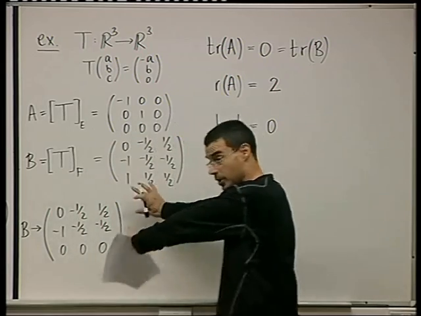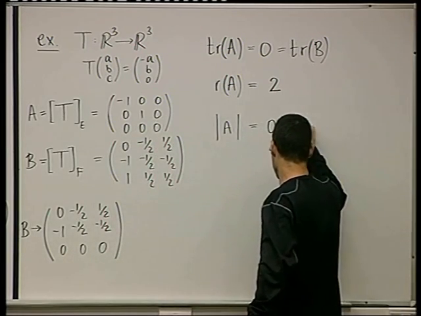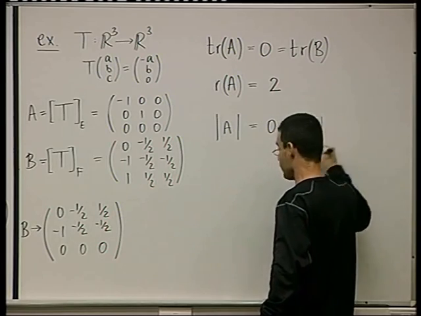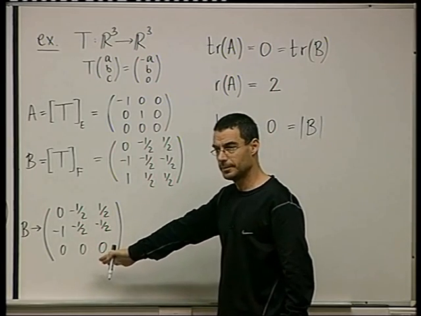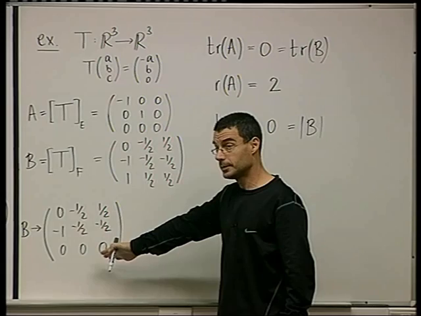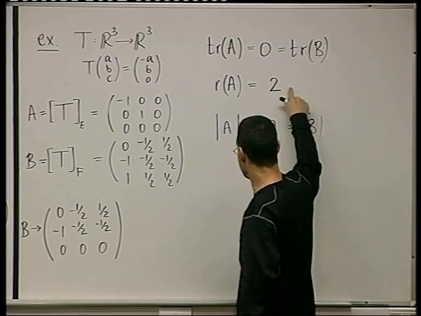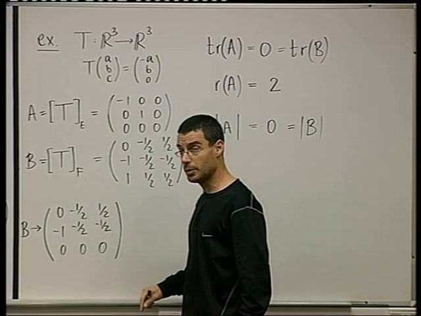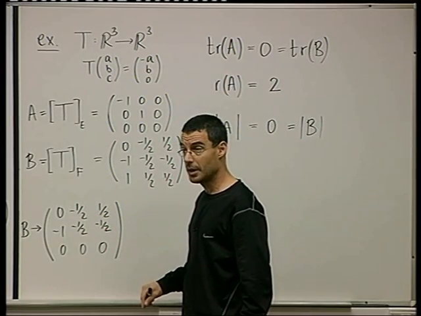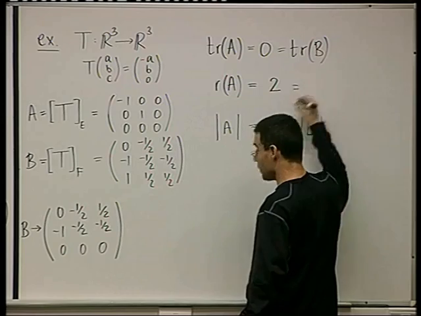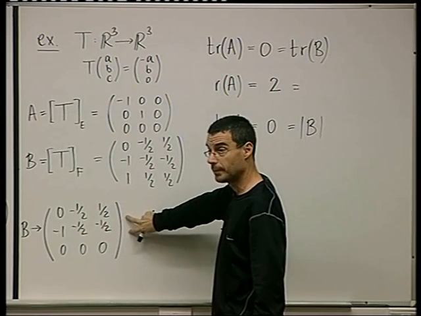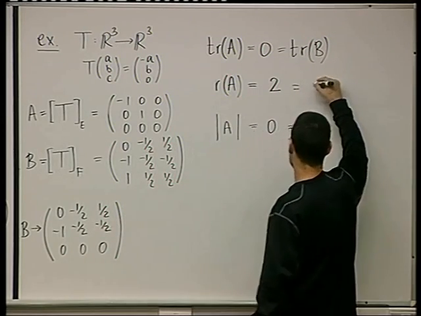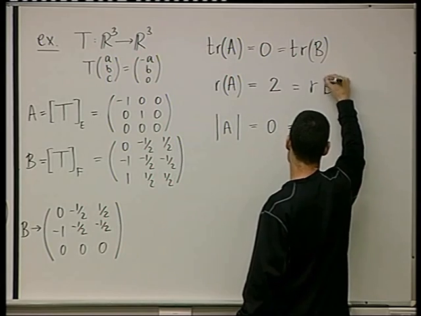So already I know that the determinant of B is also 0, because it's not invertible, because its rank is not full. Good? But this still doesn't mean that the rank is 2, but it does, because these two rows are linearly independent. So in fact, I even know, without going all the way to the echelon form, that this is equal to the rank of B.